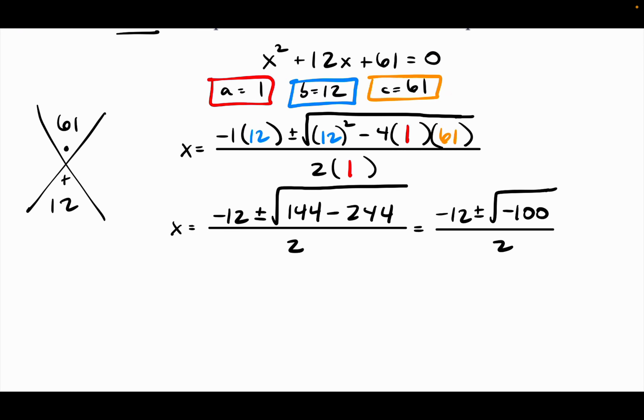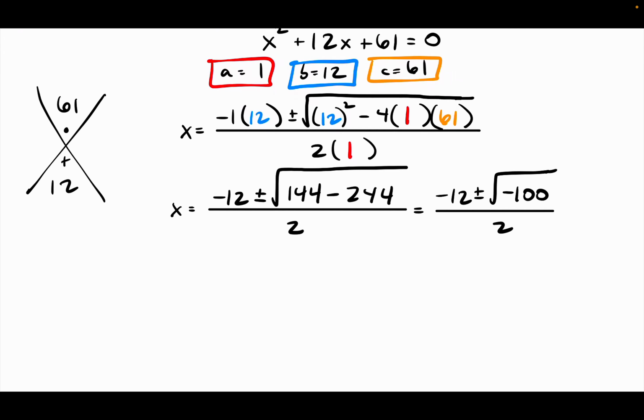What should that tell you is going to happen at the end? There's going to be an i involved somewhere. We're going to have i's somewhere. All right, so now let's finish. Negative 12 plus or minus... What is the square root of negative 100? 10i.